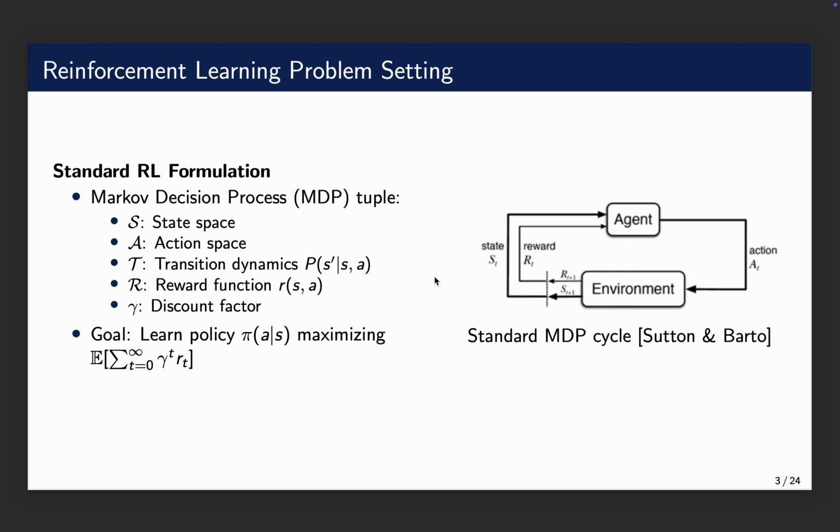Then we have a reward function, which is a scalar value given after each action, indicating how well the agent is doing. And lastly, we have a discount factor. I'll explain what the discount factor is while explaining the objective of the Markov decision process.